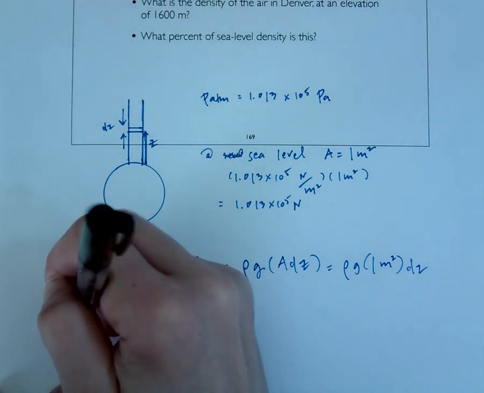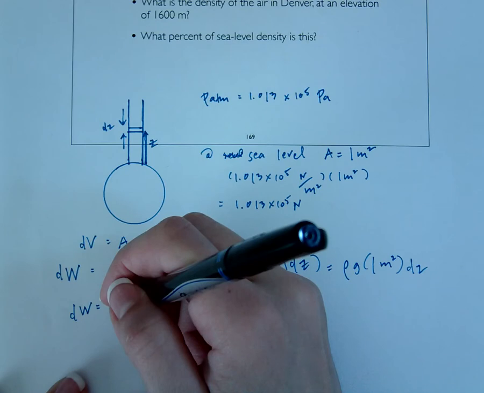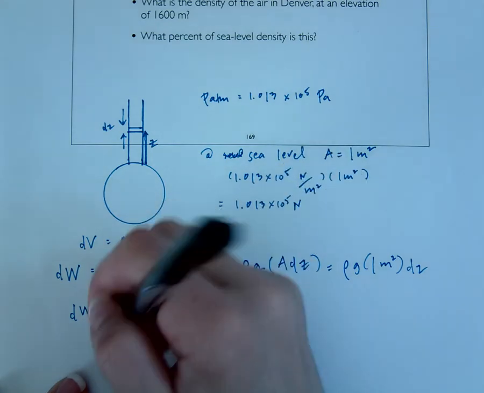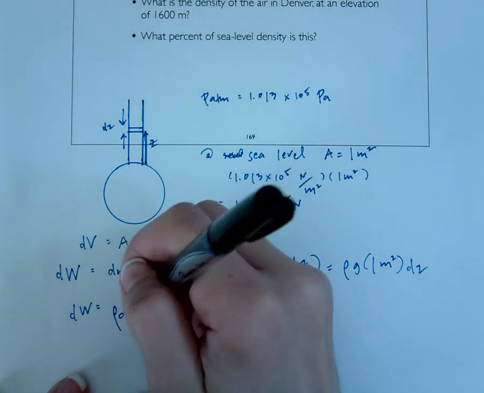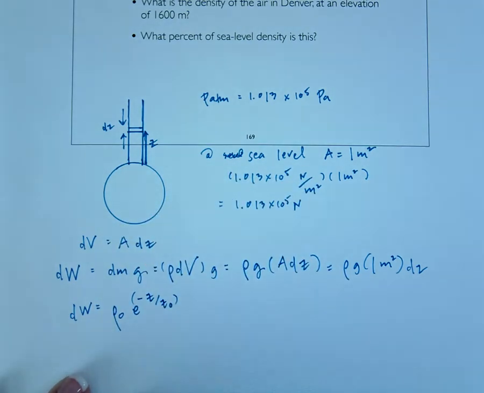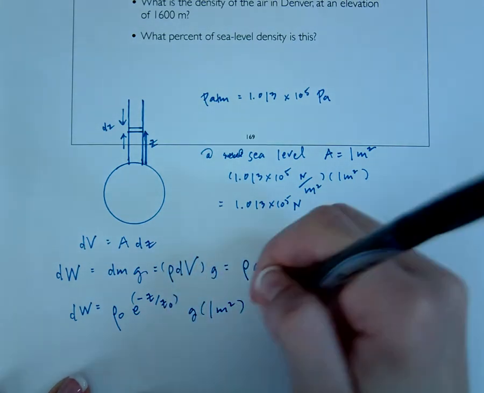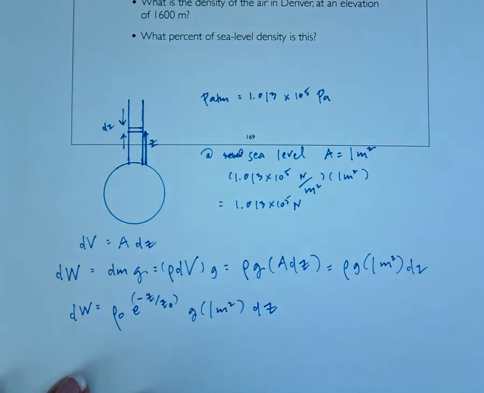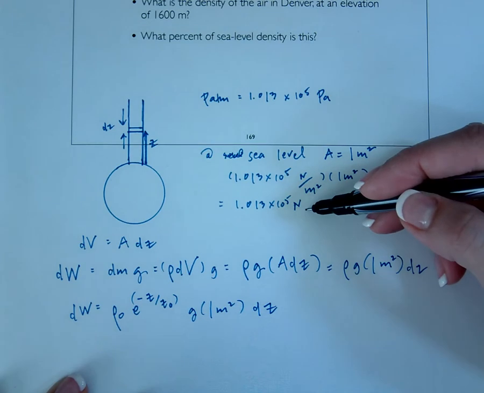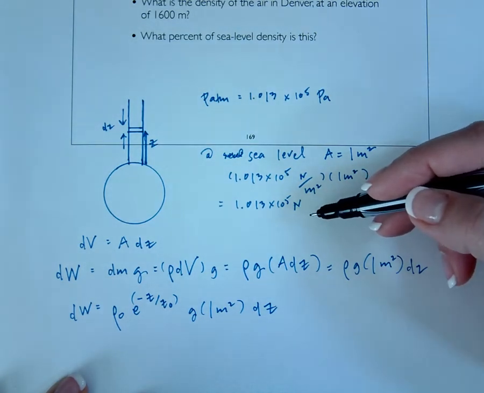So this little weight dW is rho naught, e to the minus z over z naught, times g times 1 square meter times dz. So remember up here we decided the weight of that entire column was 1.013 times 10 to the 5th newtons. We can use that now.